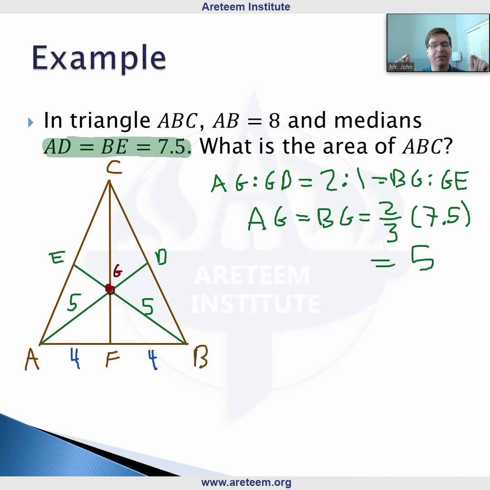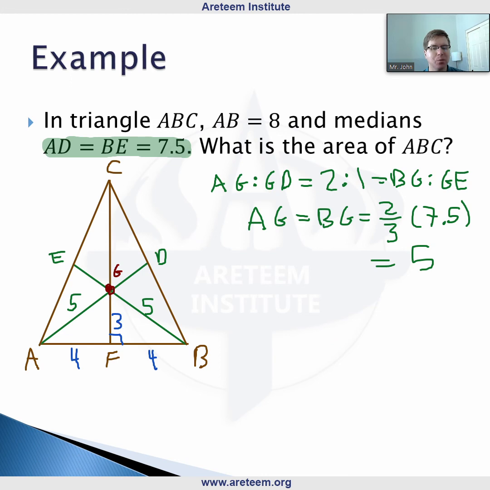We have 5, 4, and then some mystery side there. So those 2 triangles are congruent. But how can you have 2 congruent triangles that are a straight line in there? They have to be right triangles. So in fact, we have both AFG and BFG are congruent right triangles.